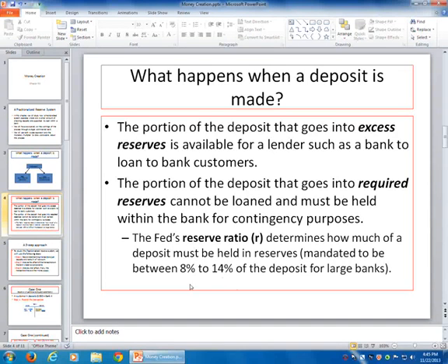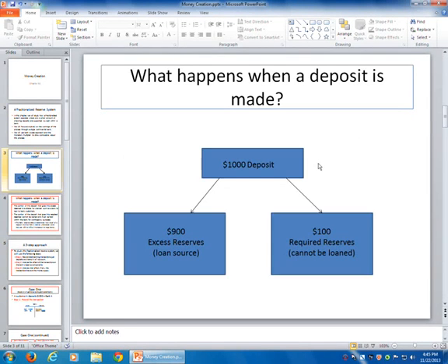So it's legally mandated to range between 8 and 14% of a deposit. For purposes of our illustrations, we're going to assume that the required reserve ratio, R, is 10%. So 10% of a deposit has to go into required reserves. When we go back to our previous slide, for a $1,000 deposit, 10% of it, or $100, would have to go into required reserves.